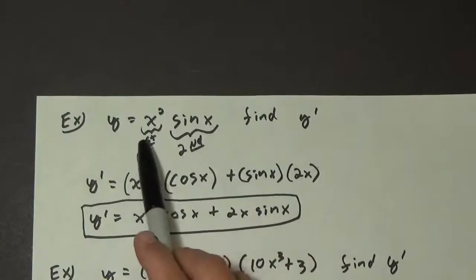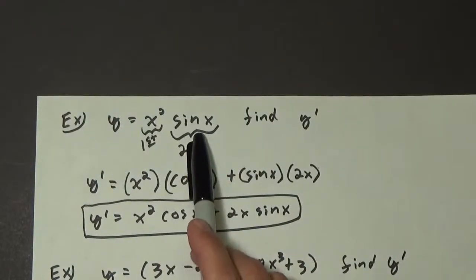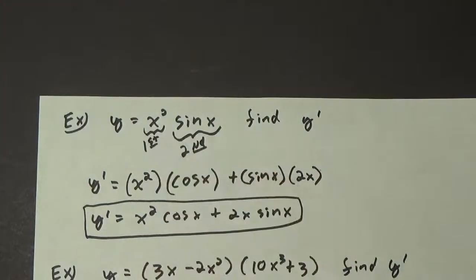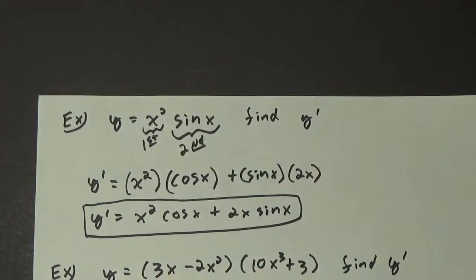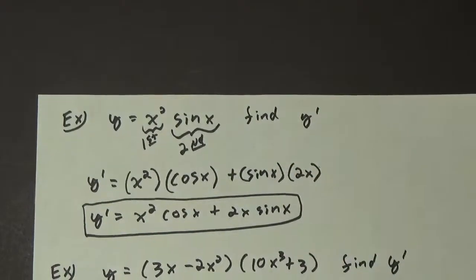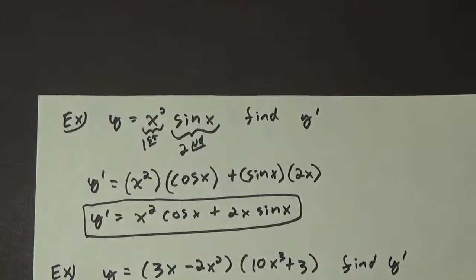If I go back to this example here, x squared times the sine of x, there's no way to rewrite that. So for this case, you only had one choice. You had to use the product rule. So there are often times where there isn't more than one way to go. This is what you're given and you have to go from there.